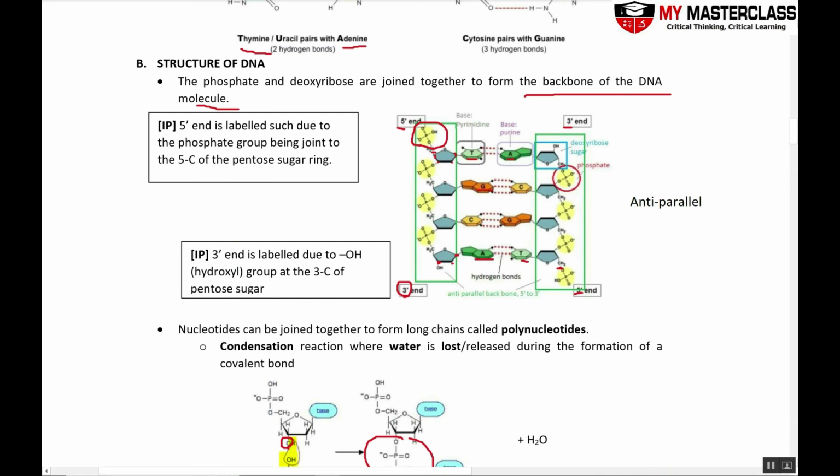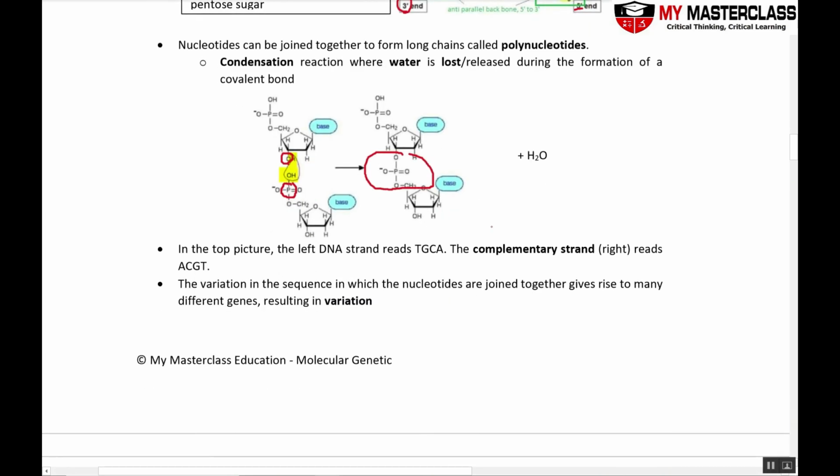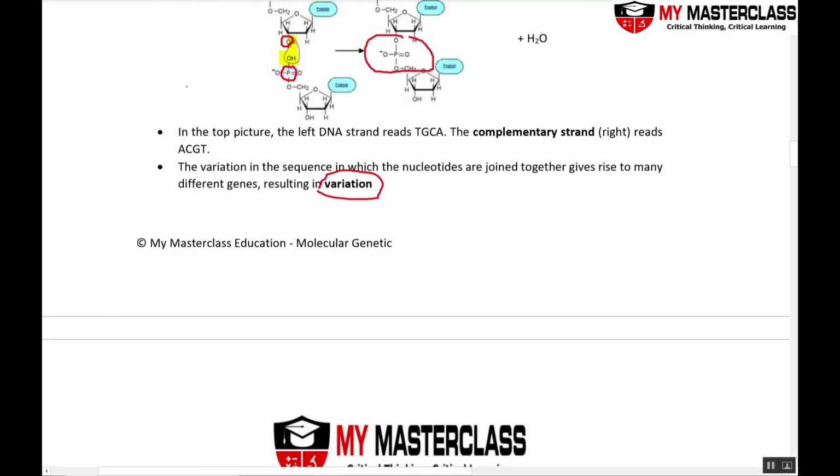If I've got a G, I will definitely have a C. Likewise, if I've got a C, I will definitely have a G as well, in a triple hydrogen bond. Because of that, this variation in the sequence gives rise to genetic variation, which is why no two people are identical, unless you are identical twins.